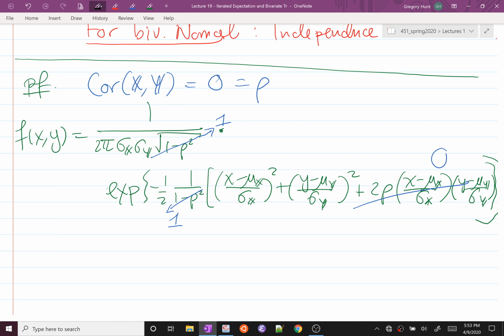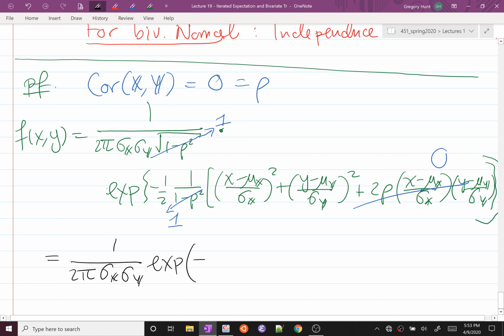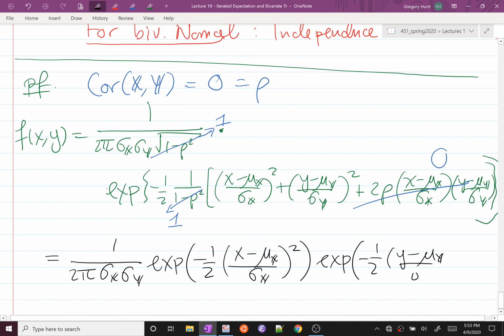So what we're left with here is 1 over 2 pi sigma x sigma y, times exponential negative 1/2. And I'm going to break up this exponential: x minus mu x over sigma x squared, times exponential 1/2 y minus mu y over sigma y quantity squared. That's all that I have.